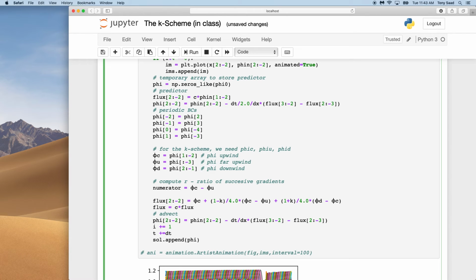So the numerator is phi C minus phi upwind. The denominator is phi D, phi downwind, minus phi upwind. Okay.